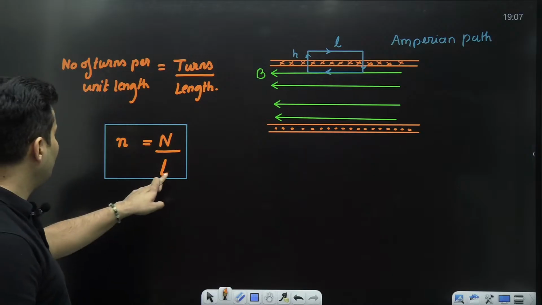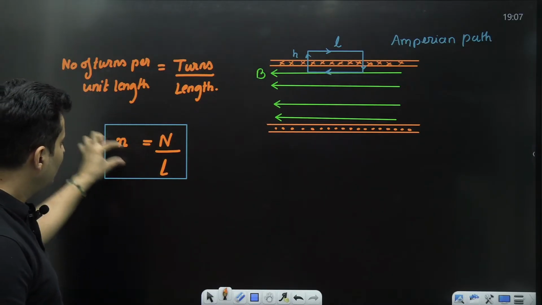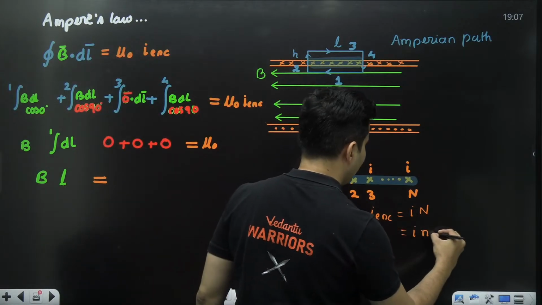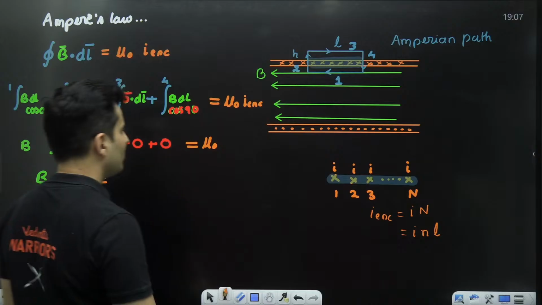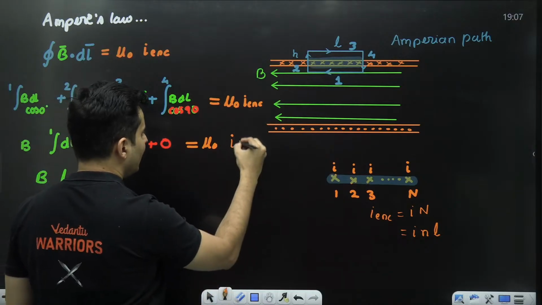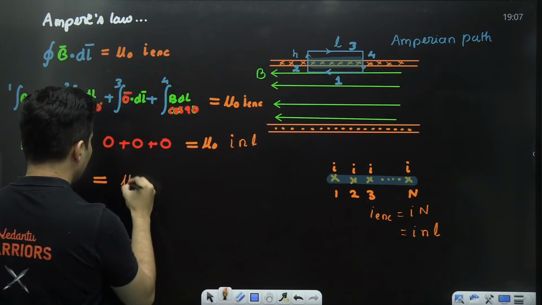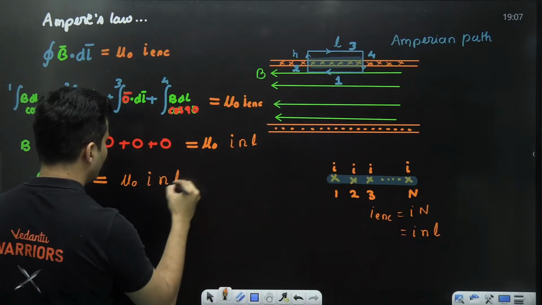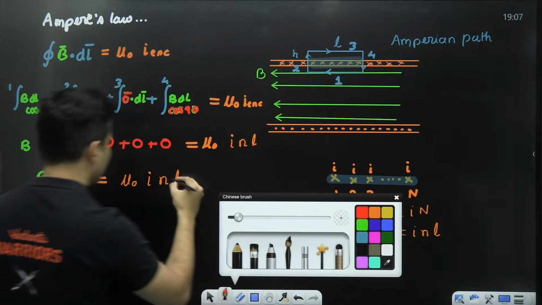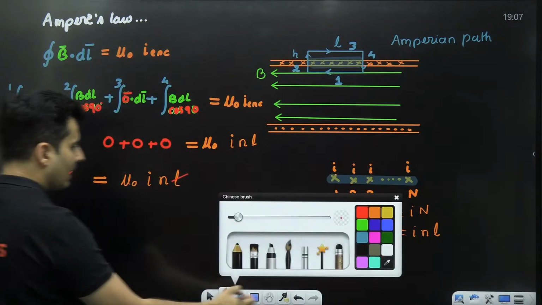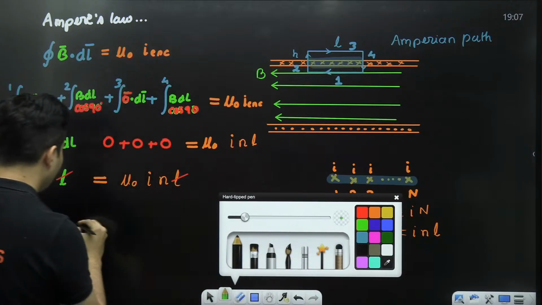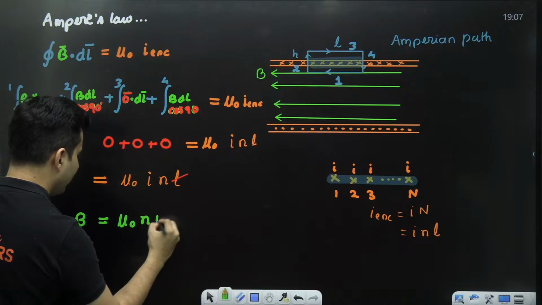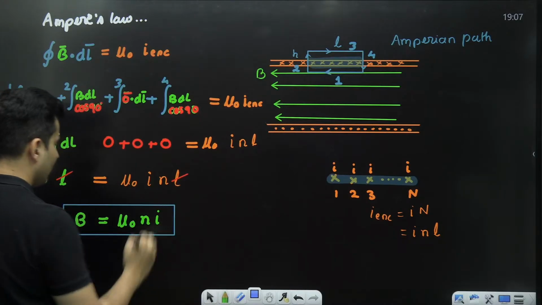N will be small n into L. So therefore, won't this be small n multiplied by length L? So just put that over here. I into n into L. So mu naught I into n into L. Obviously what happens is this length and this length get cancelled, and I am just left with magnetic field inside is mu naught small n into the current. That's it. That is our formula.